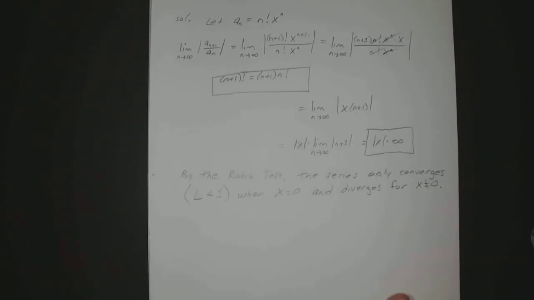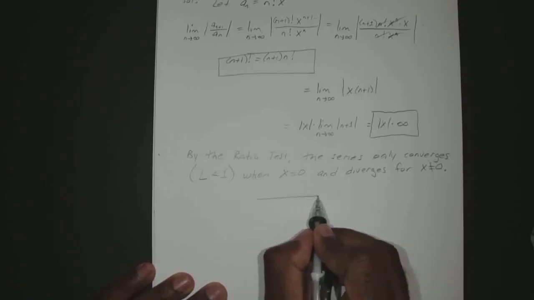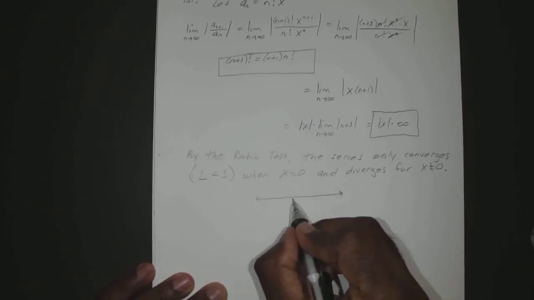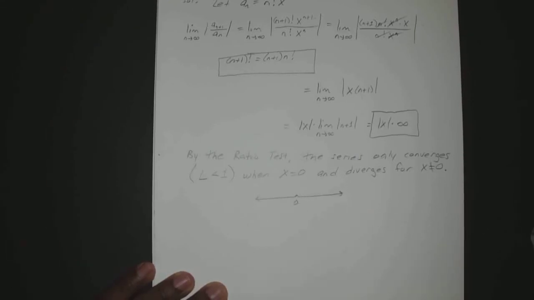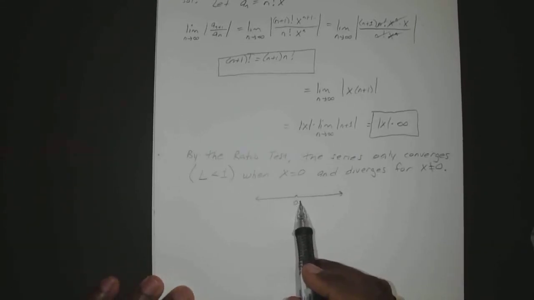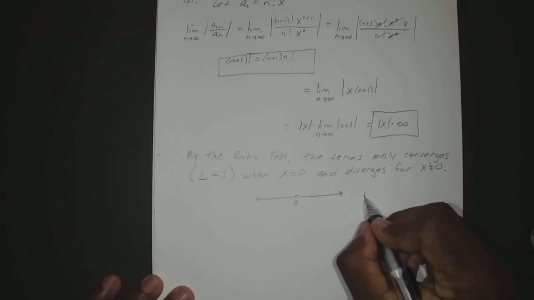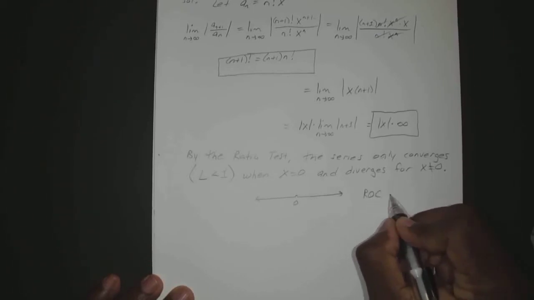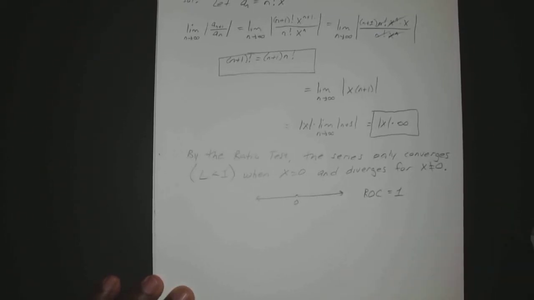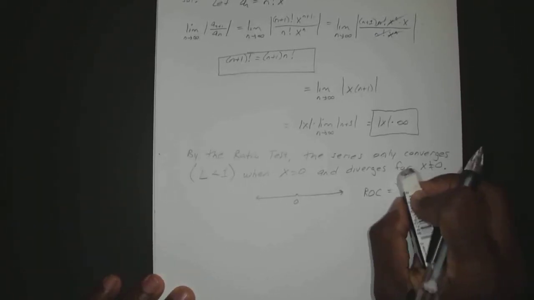So if you drew this on the number line, and that's your 0, it's only converging at one spot. So your radius at this point would equal 0 because it's not converging from 0 to 1 and -1. It's just at 0. So your radius of convergence is actually equal to 0 because it's only one spot.